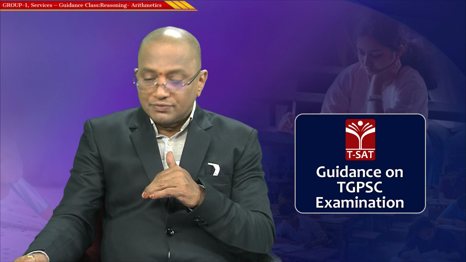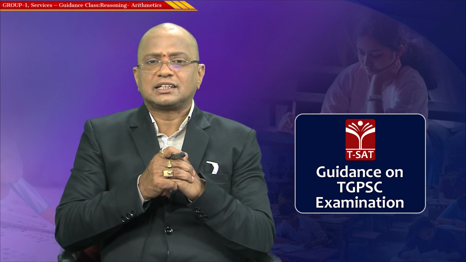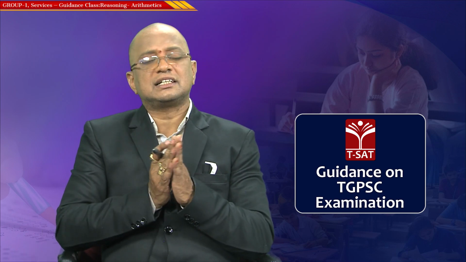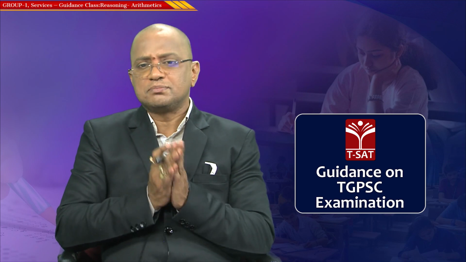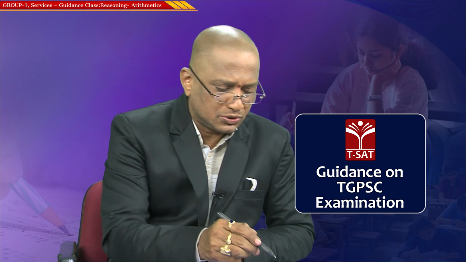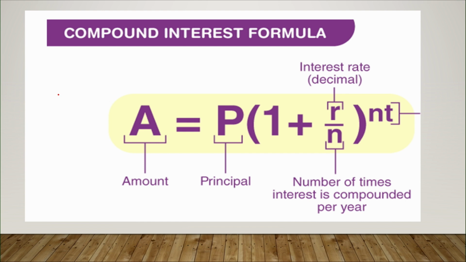Now, a very important thing is the compound interest formula. As you know, for simple interest, I is equal to PTR by 100, and the amount is P plus I. For compound interest, the formula is A equals P into (1 plus r by 100) whole to the power of n.